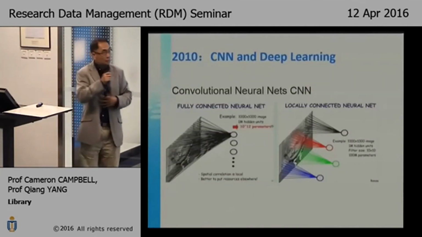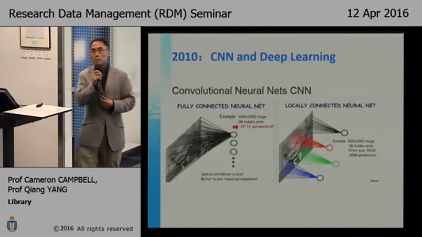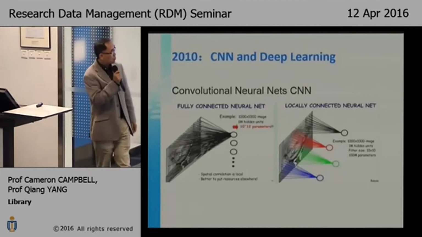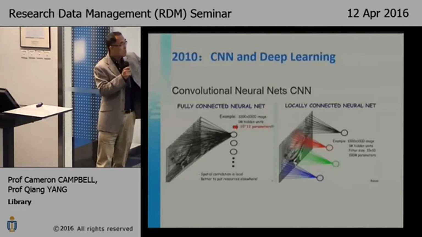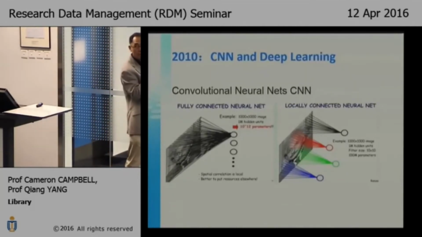At about the same time, in 2010, people made a breakthrough in image understanding. It used to be, if you are given an image, you take every pixel from the image and feed it to the computer. In the case of a neural network, you have many units that perceive this image and make transformations.